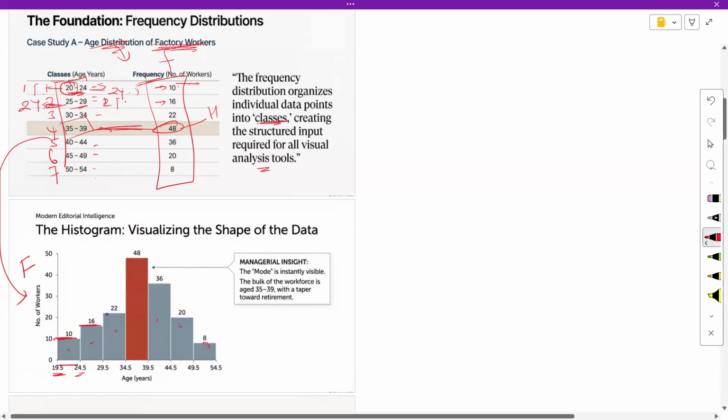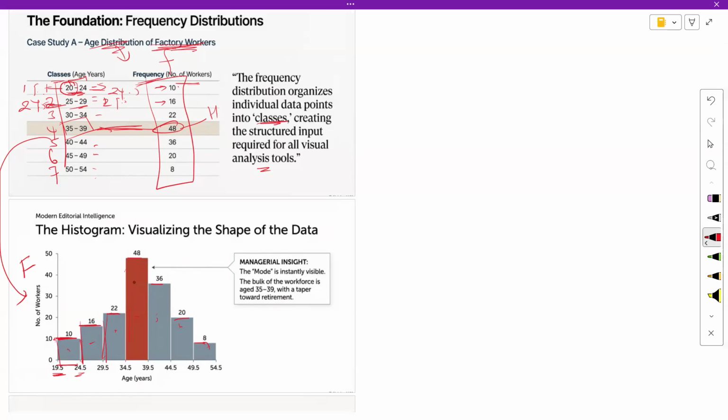Third class, 22. Next, 48. Likewise, we find the top location, and we draw rectangles. Right, so this is the histogram.